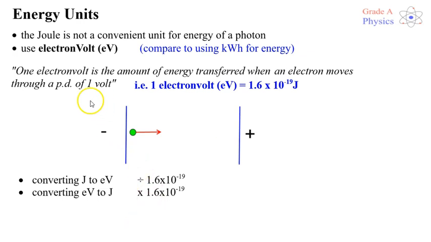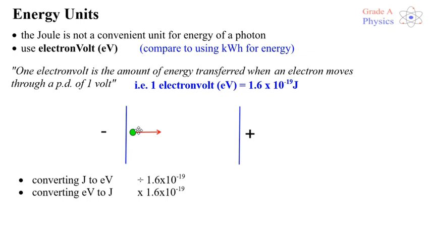And the definition is as shown. If I have an electron moving through a potential difference of 1 volt, it could either be accelerated from 0 speed up to a maximum, or it could be going the other direction, slowing down. Whichever way, the energy associated with that, if we have 1 electron and 1 volt, is 1 electron volt.